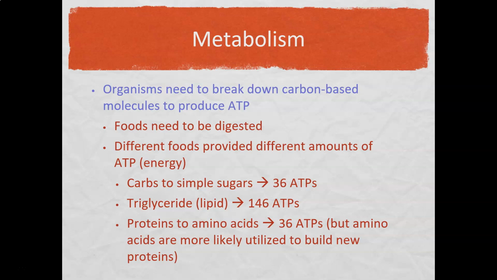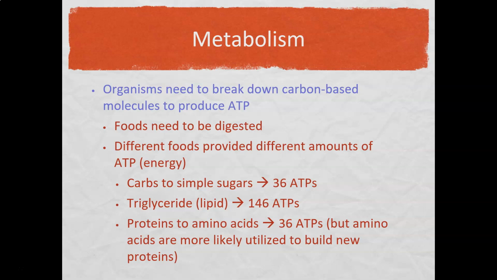And those values, those ATP production numbers, can change from one cell to another in your own body. They can change from one organism to another in a species. And sometimes they can even fluctuate in your own cell depending on the environmental conditions of the time. So just be aware of that. But we'll use these numbers as rough estimates for comparison's sake.